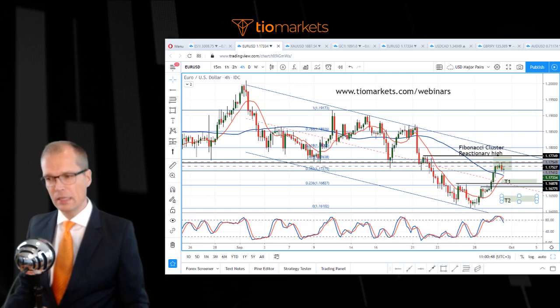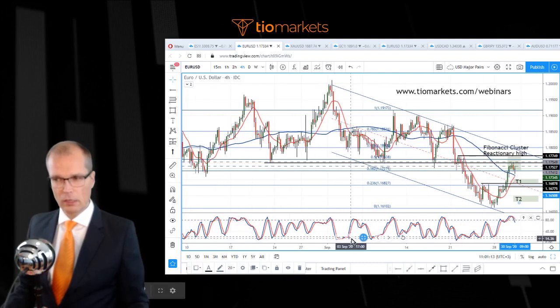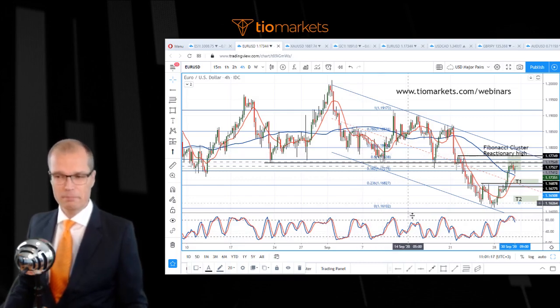And basically I believe this is the high probability target, and then if the market just keeps on continuing lower, then there's a little bit more money on the table, but then the probabilities of reaching that target are lower. Anyway, there are different styles of trading, and based on the big picture here, it wouldn't be a surprise if the market hit both the targets.